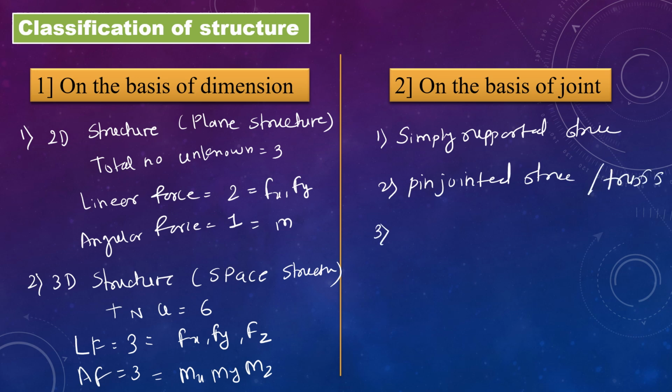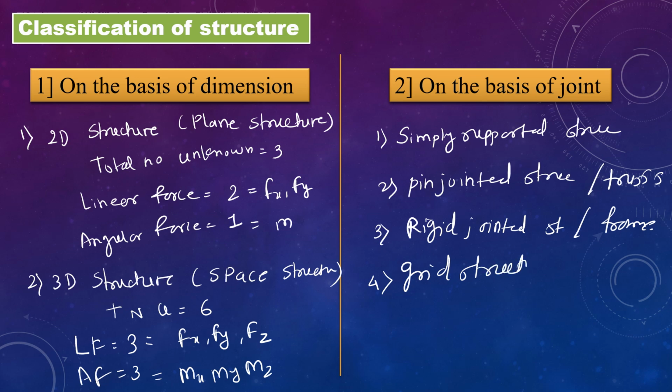Then third is rigid jointed structure. Rigid jointed structure is a frame structure, and last one is grid structure.